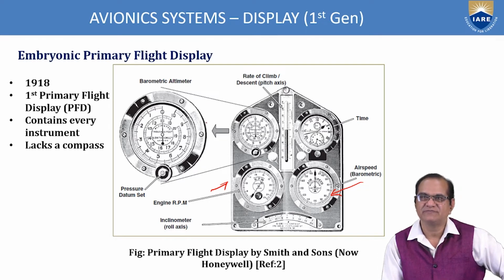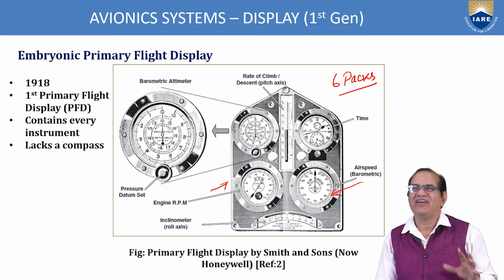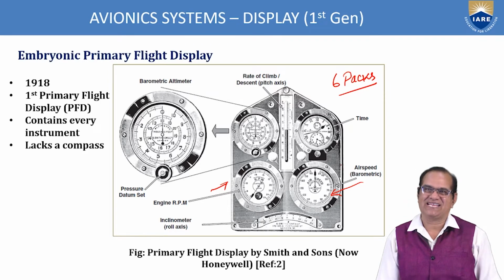If you see here, this is the pressure datum setting. This equipment is shown in a bigger way here. Only 1, 2, 3, 4, 5, 6 equipments are here. That is why this is also called the 6 packs. Every aircraft will have these 6 packs.